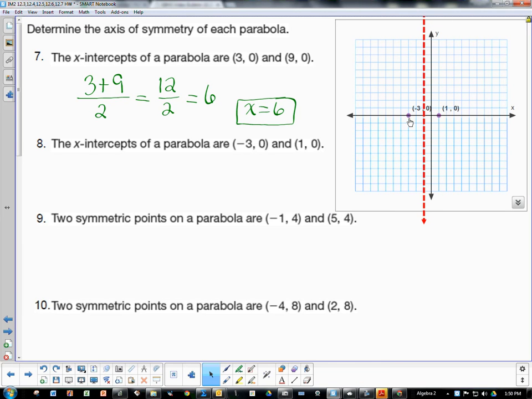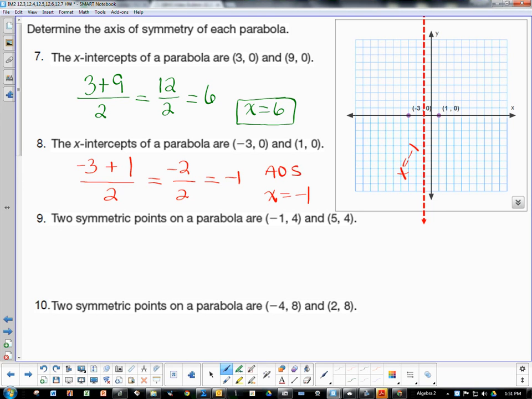That looks like it's going to be at -1. So x equals -1. Now mathematically, how are we going to find that? Well, we take each x-intercept, -3, plus 1, so add them together and divide by 2 to find the halfway. This is going to be -2 over 2, which happens to be -1. So x equals -1 is my axis of symmetry.